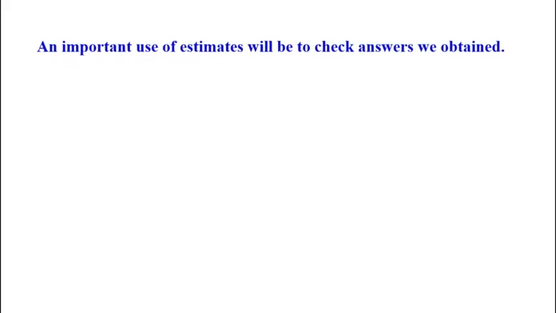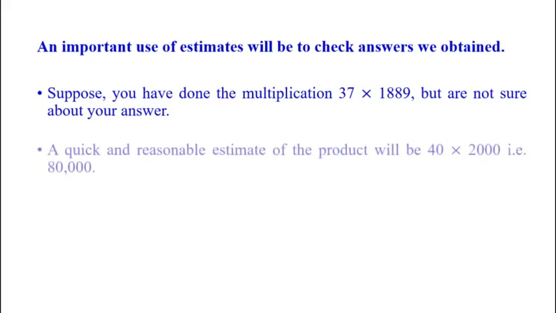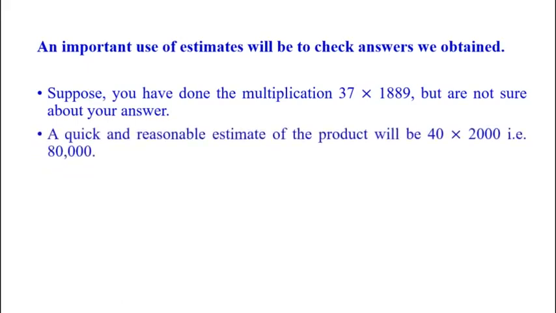An important use of estimates is to check answers we obtain. Suppose you have done the multiplication 37 into 1889 but are not sure about your answer. A quick and reasonable estimate of the product will be 40 into 2000, that is 80,000.